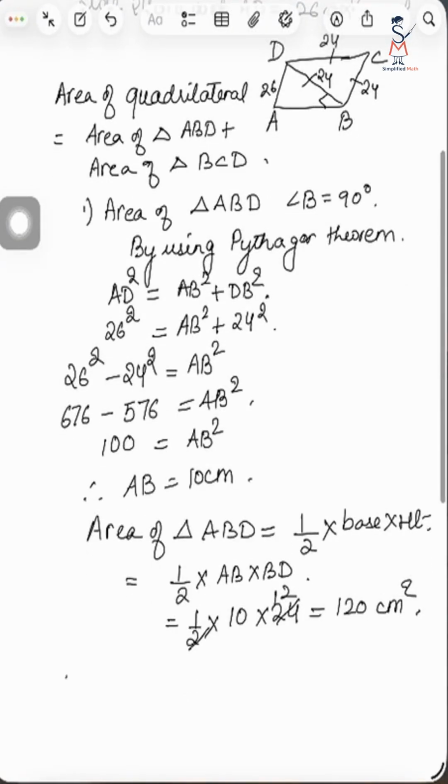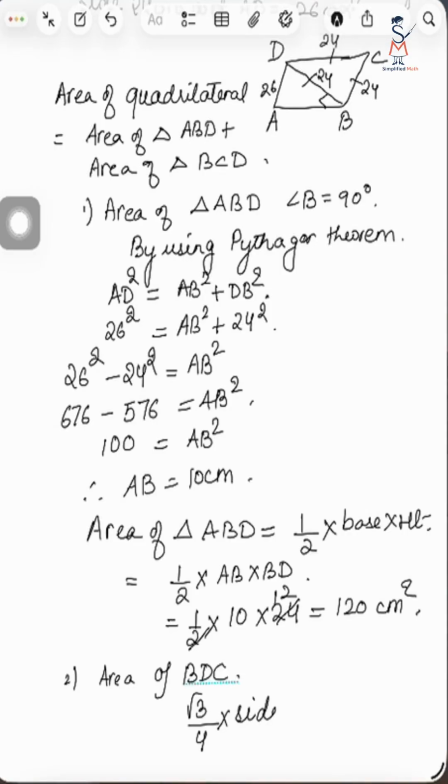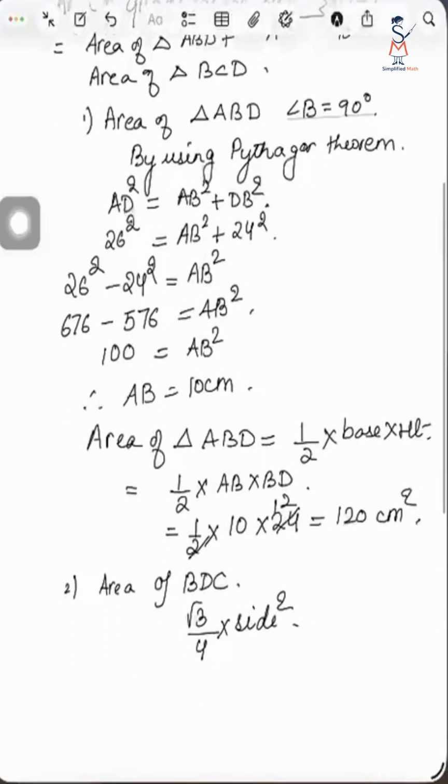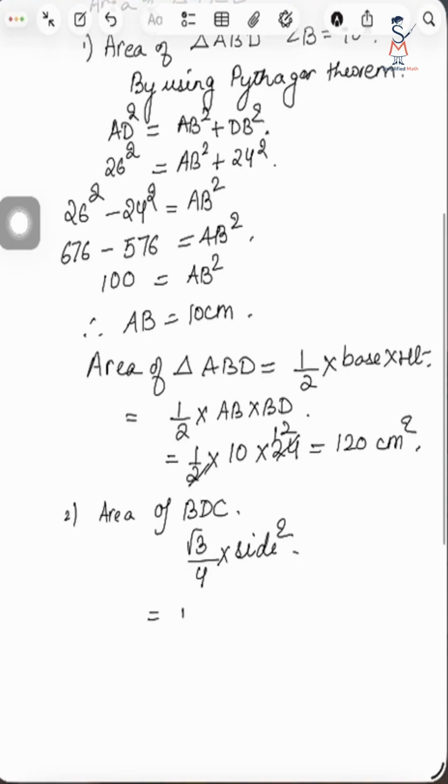Now we will find the second area, of BDC. It is given BDC is an equilateral triangle. So area of BDC will be, we know area is root 3 by 4 into side square. That's the area for an equilateral triangle. Just now we found side is 24, so 24 square is 576.